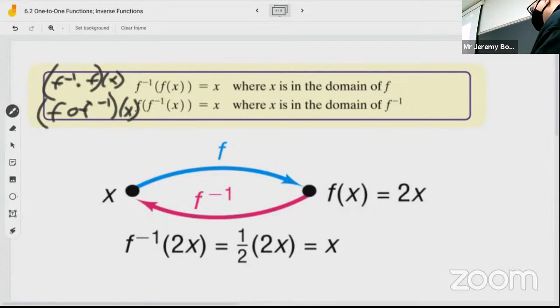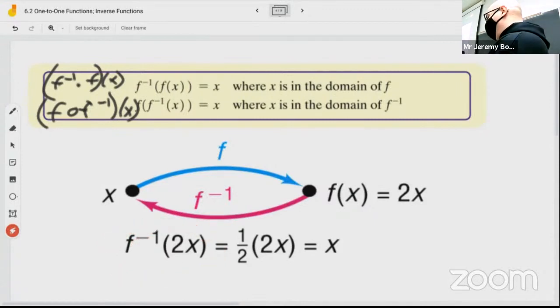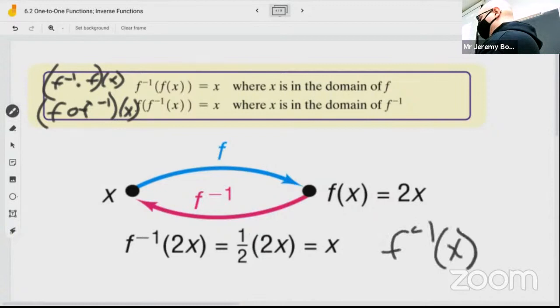Okay, so if we look at two functions, f of x is equal to 2x, and we want to find f inverse. Well, what will make 2x equal just x? Multiplying it by 1/2. So f inverse here would be 1/2 x.